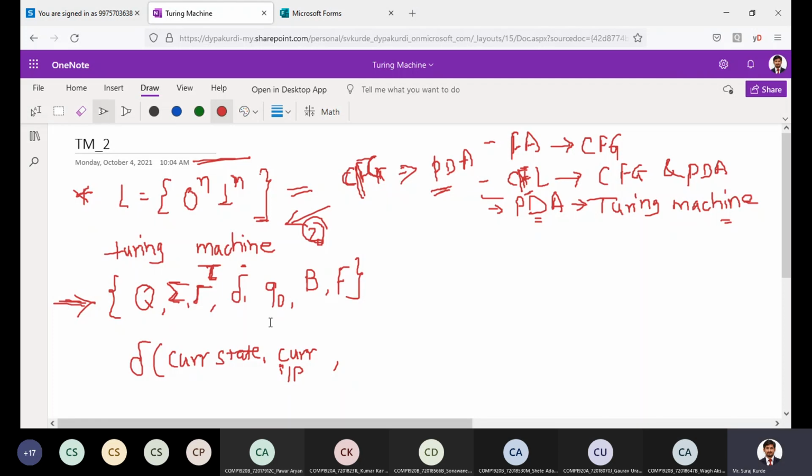Current state, current input, then what it will do. You have solved the example. When some alphabet is provided as input for the current state, it goes to some next state.